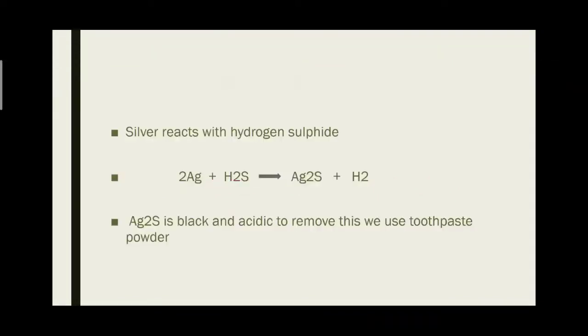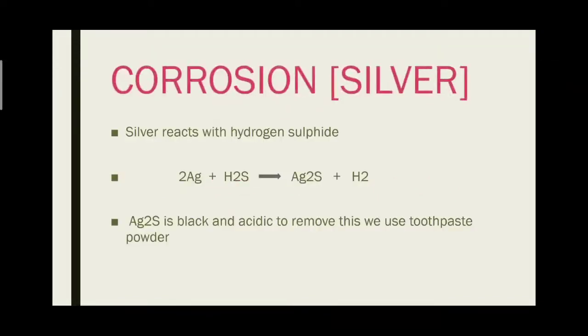So let's see what's next. Corrosion of silver. Silver reacts with hydrogen sulfide. Silver only reacts with hydrogen sulfide, H2S being the formula of hydrogen sulfide.